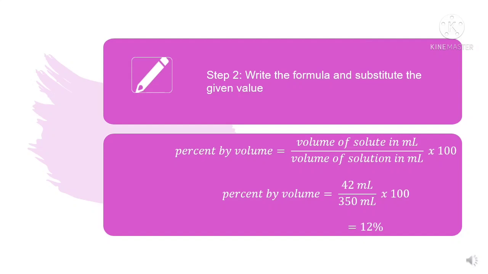Step 2, write the formula and substitute the given values. The formula for percent by volume is equal to volume of solute in ml divided by the volume of solution in ml times 100. Take note, volume of solute in ml divided by the volume of the entire solution in ml times 100.